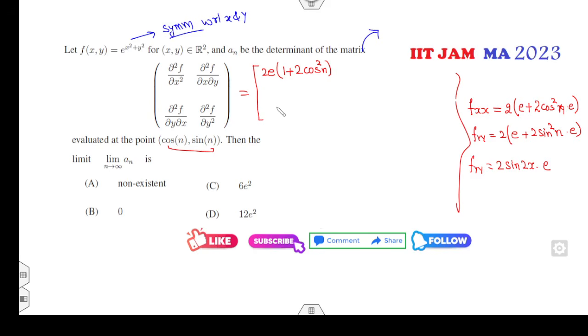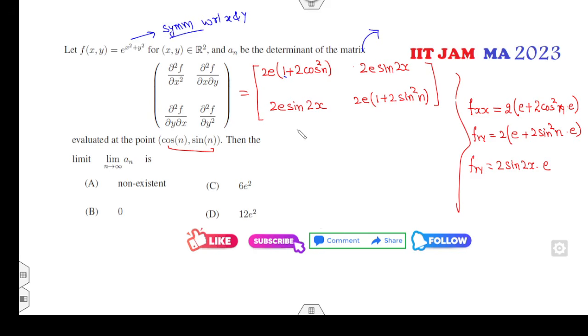Okay, fine, it is 2e sin of 2n, and 2e is outside. It is 1 plus 2 sin square n. Fine, and let's write this in the form of x and y; I think that is quite easy. It saves your calculation easily too.